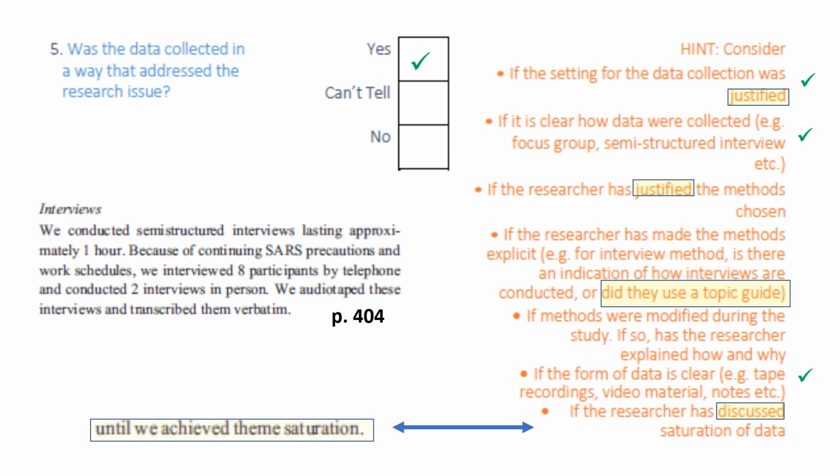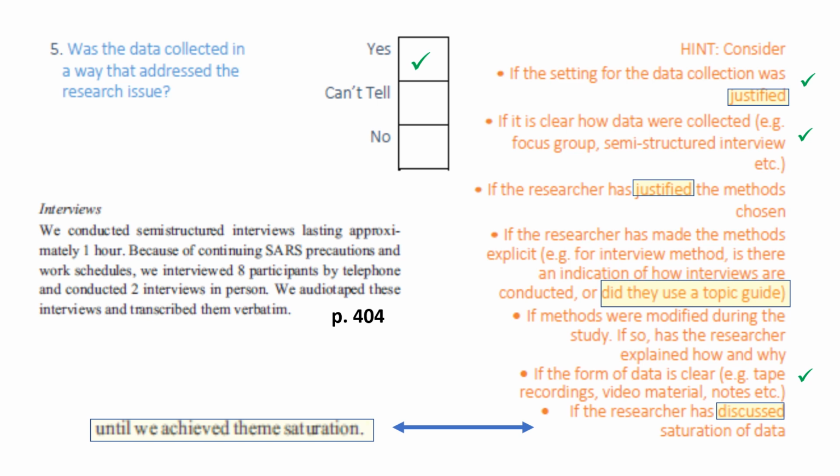So in this case, we've already said these are very brief reports. They conducted semi-structured interviews. They audio taped the interviews and transcribed them, and they did this until a point of theme saturation. They don't provide justifications for the setting or the methods chosen.